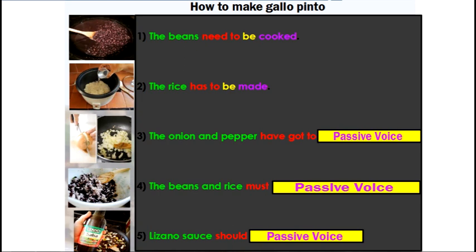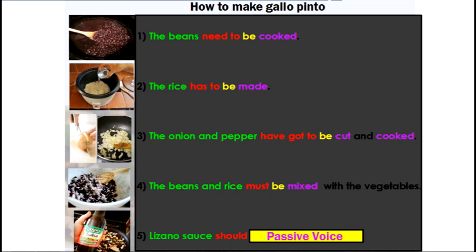Step number 3, the onion and the pepper have got to be cut and cooked. Step number 4, the beans and rice must be mixed with the vegetables.